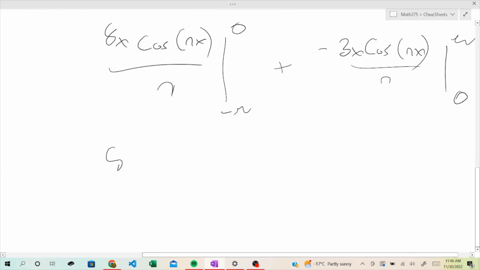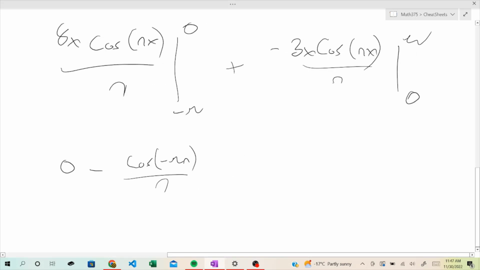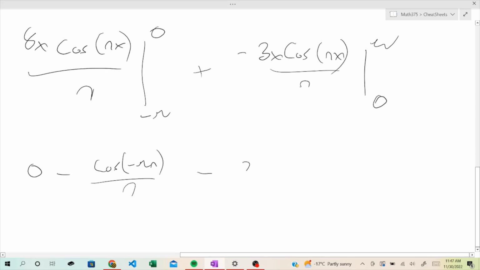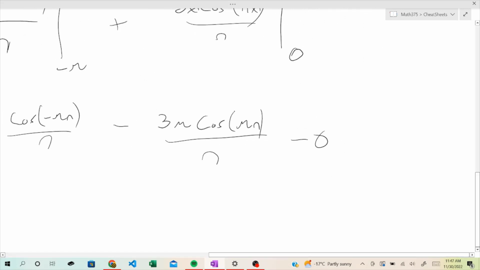We'll make this first one 0 minus cosine negative pi n over n, minus 3 pi cosine pi n over n minus 0.